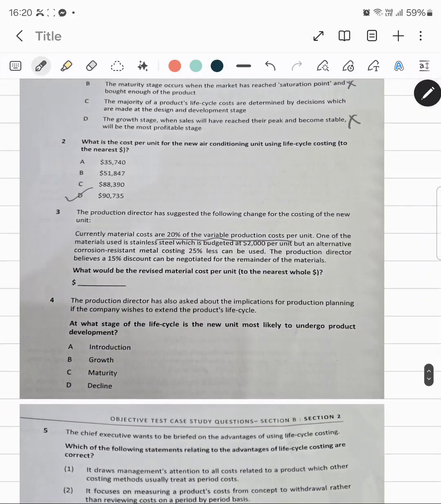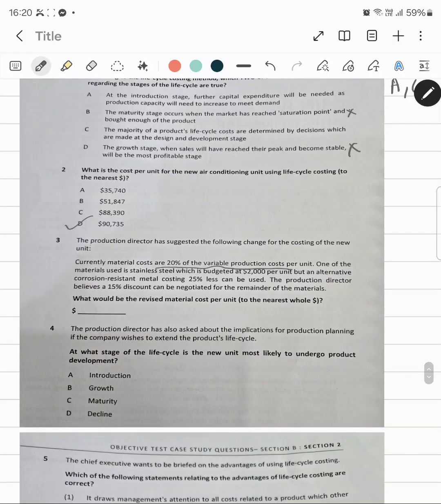Out of which it said that one of the material used is stainless steel, which is budgeted at 2000 per unit, but an alternative corrosion resistant metal costing 25% less can be used. So the current material cost is 84,000. Okay, out of this 84,000, there is a material called stainless steel which is being used, and the cost of this stainless steel is 2000 per unit.